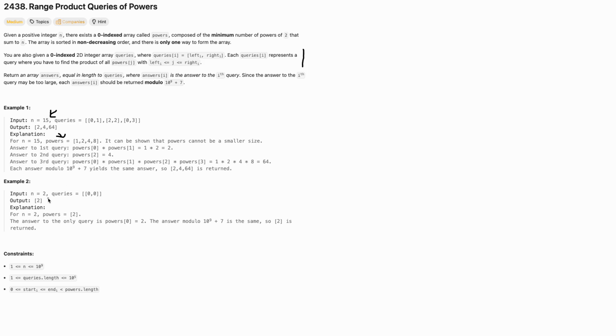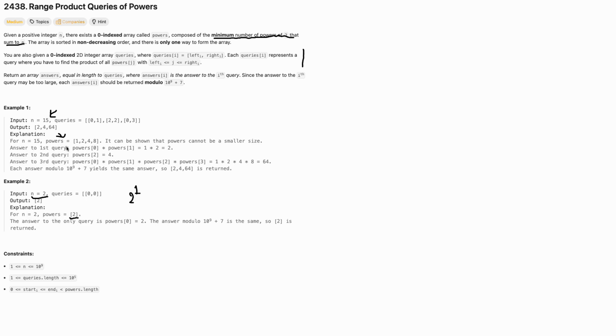For instance, in example number 2, the given n is 2, and we need to find the minimum number of powers of 2 that sum to n. Instead of using 0, 1 or something like that, we just use n, that is 2 to the power 1, and we have only one element in the powers array.